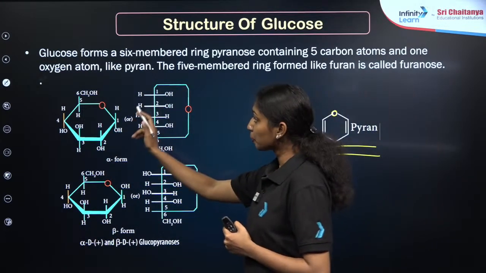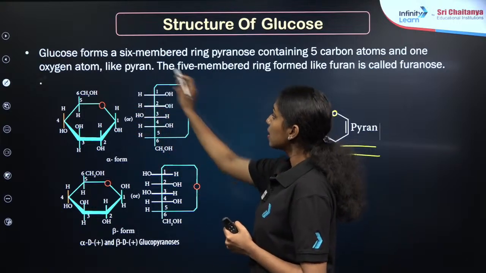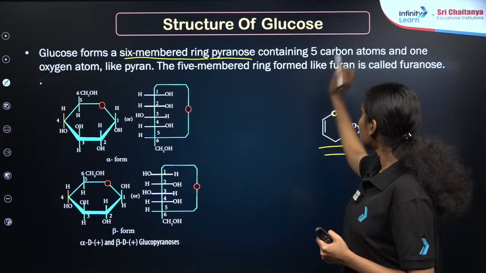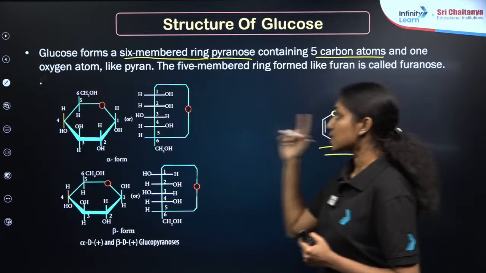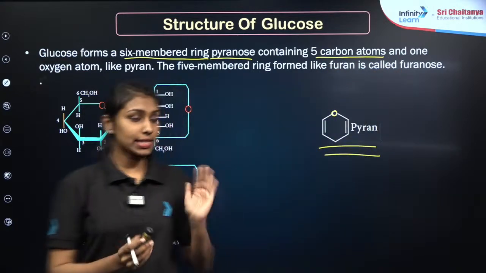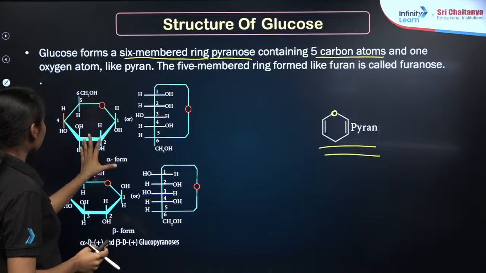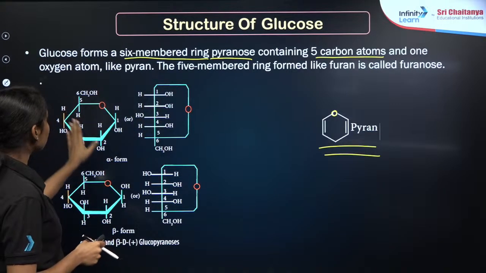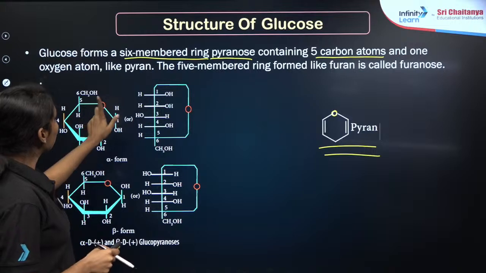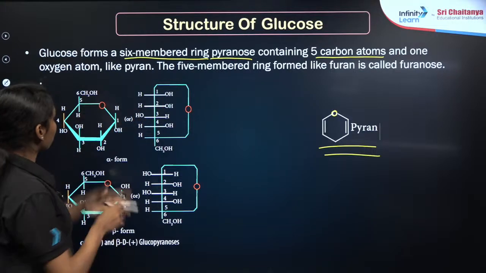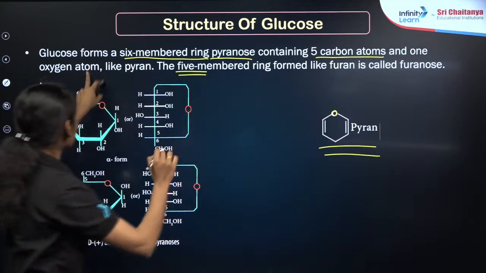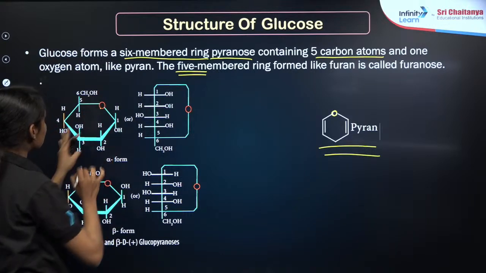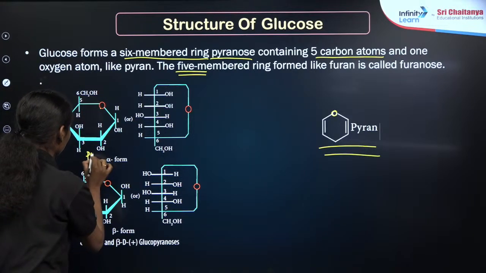This will be the cyclic structure having a 6-membered ring, pyranose, containing 5 carbon atoms and 1 oxygen atom like pyran. As you can see here, this is a 6-membered ring having 1 oxygen atom and 5 carbon atoms. This is the pyranose structure.